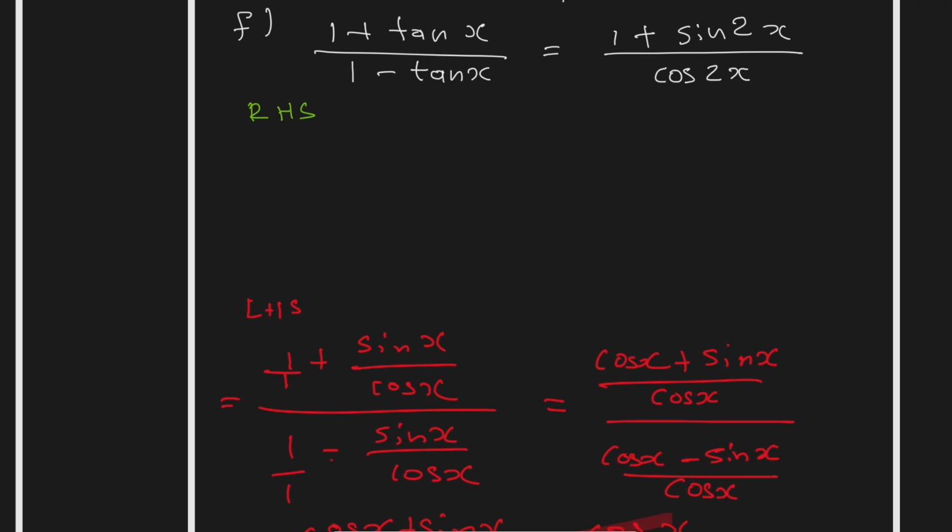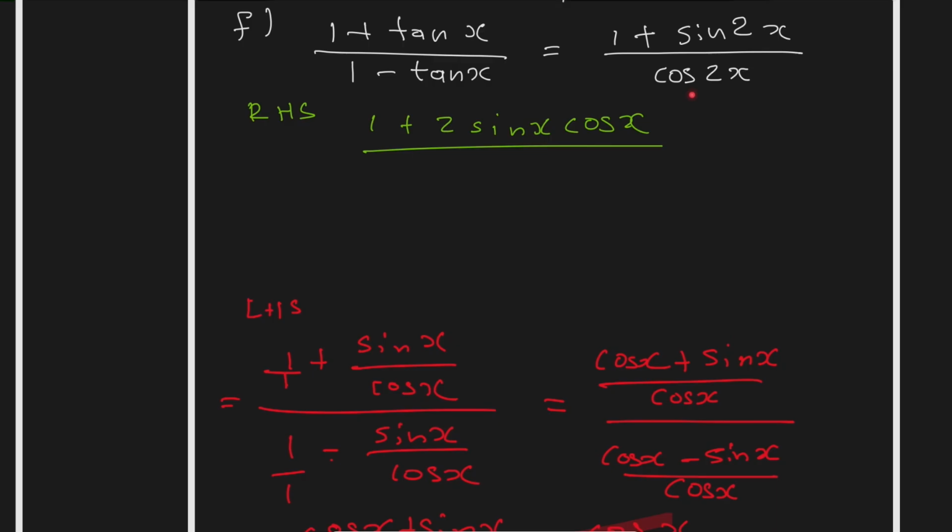We're going to have 1 plus the double angle of sine, so that is 2 sine x cos x. And then at the bottom, we have the double angle of cos there. So if we have a double angle of cos, how can we change it?